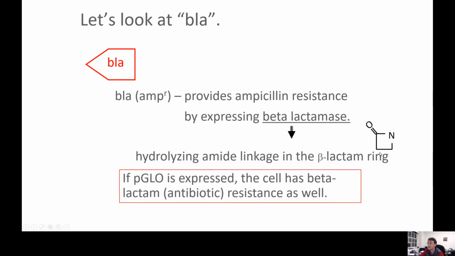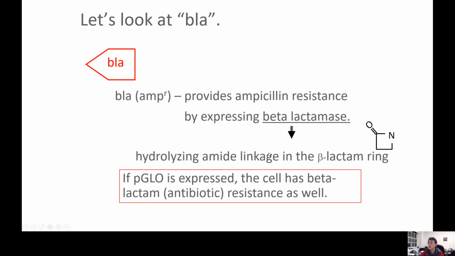Beta-lactam, right here, is the active ingredient; it has an amide four-membered ring. This region encodes beta-lactamase, an enzyme that hydrolyzes the amide linkage right here, hence inactivating the beta-lactam, the active ingredient of a penicillin-type drug.